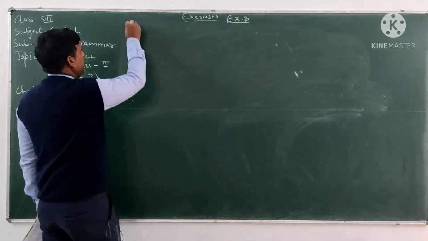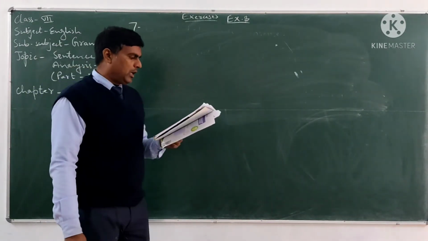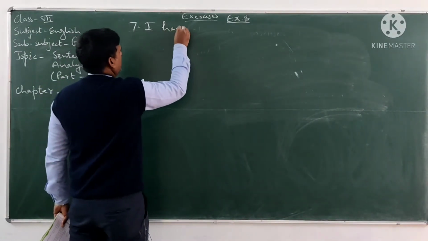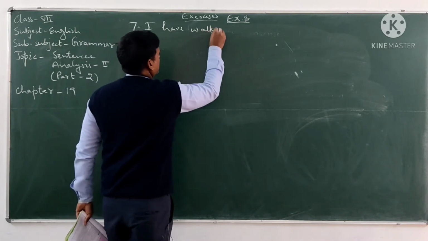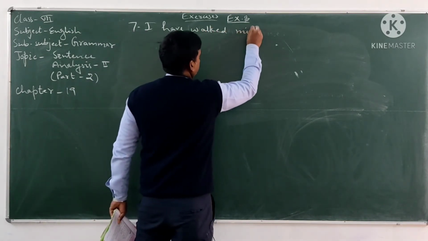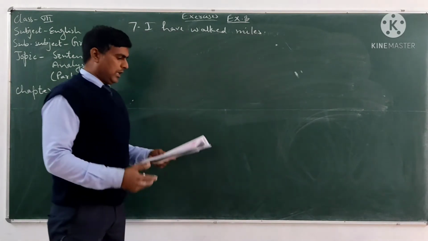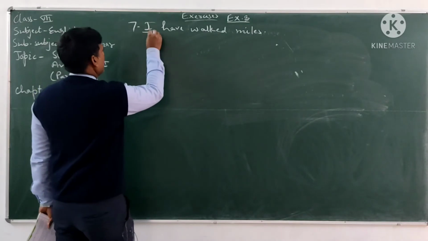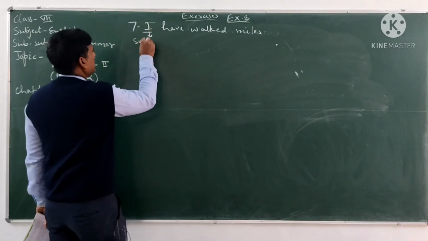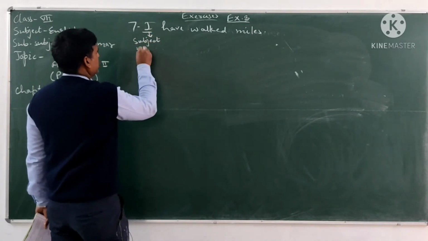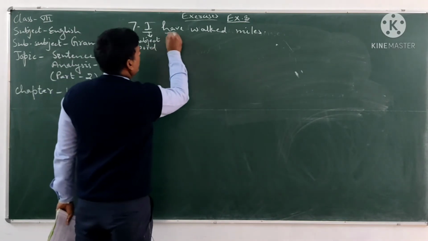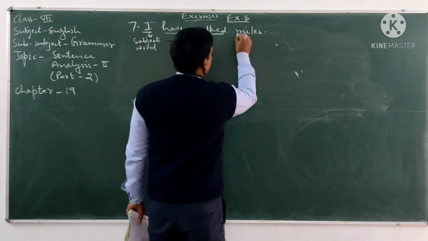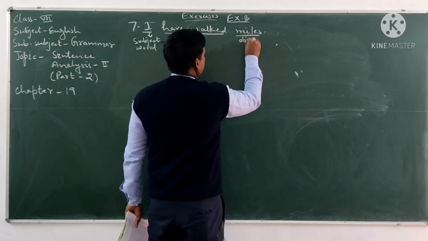Sentence number 7 is, I have walked miles. In this sentence, I is the subject word, have walked is the verb, and miles is the object.